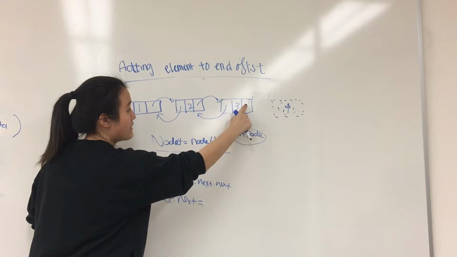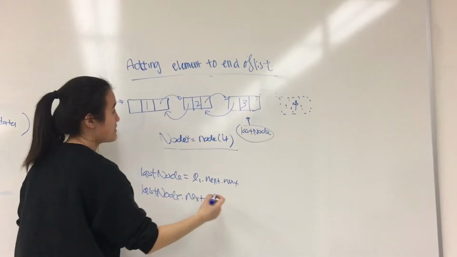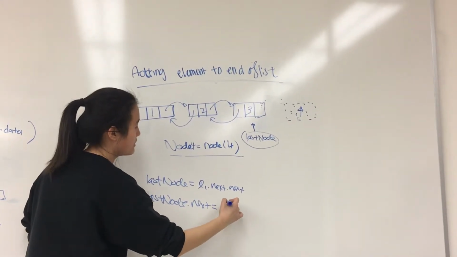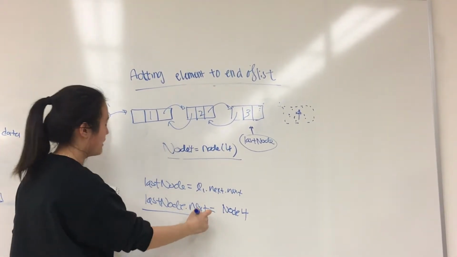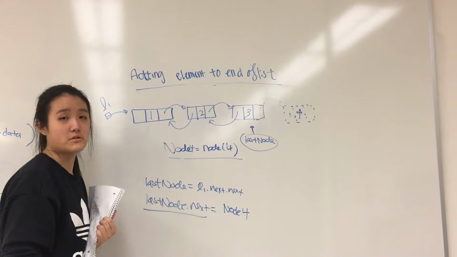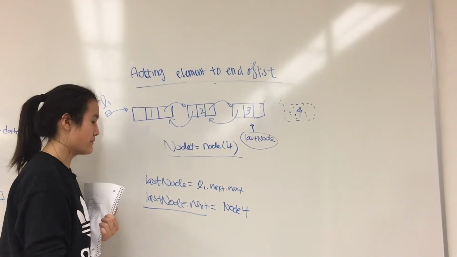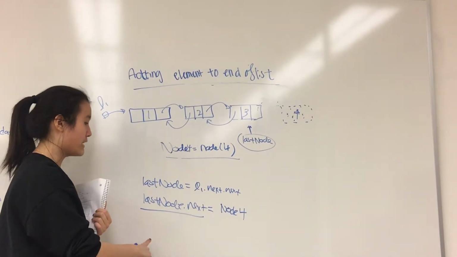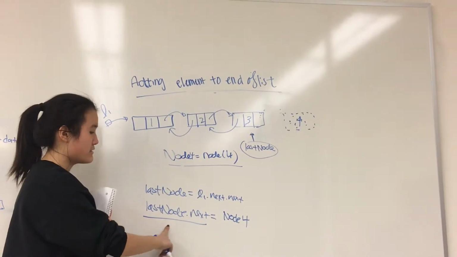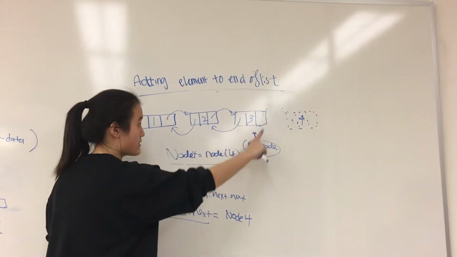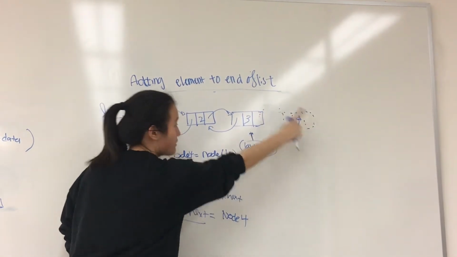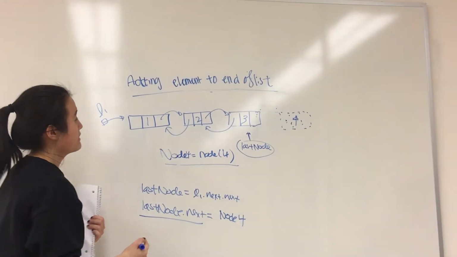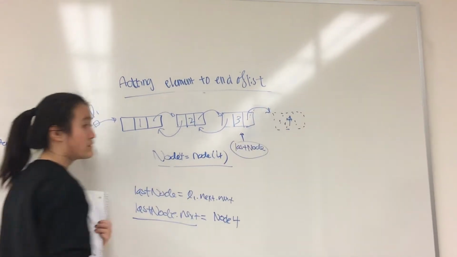So last node dot next is equal to node 4. This is basically saying the next node after the last node needs to be node 4. So now we've created that arrow.